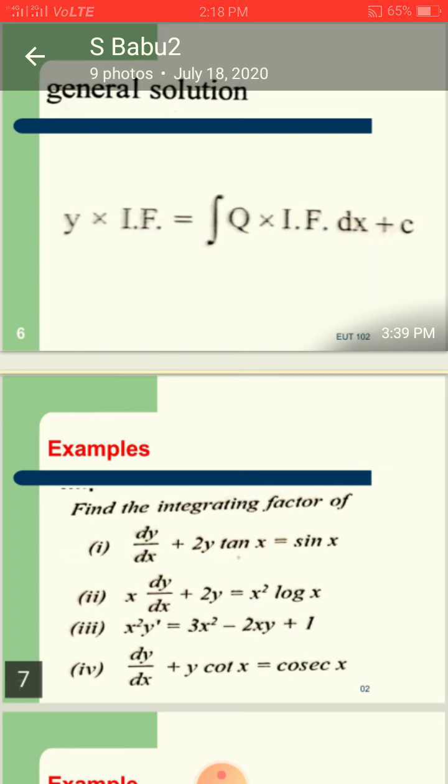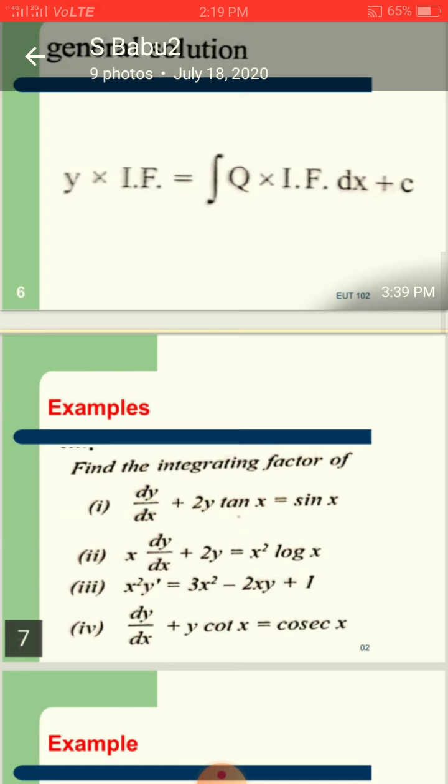Next we have the integrating factor in different kinds of forms: mx plus ny, mx minus ny, 1 by mx plus ny, 1 by mx minus ny. Next, 1 by m taking some form in a bracket, and 1 by n taking some form in another bracket. Like that we have, and some more kinds also.